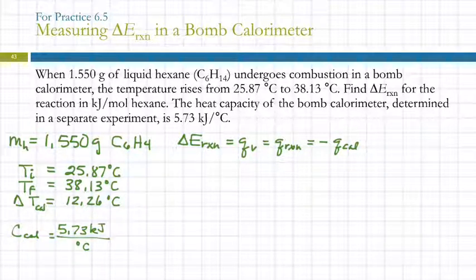The heat lost by the reaction is gained by the calorimeter. We have this information about the calorimeter, the change in temperature and the heat capacity. So Q for the calorimeter is equal to the heat capacity of the calorimeter times the change in temperature of the calorimeter.